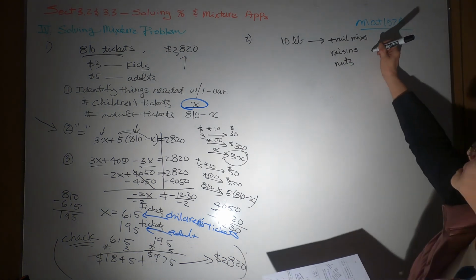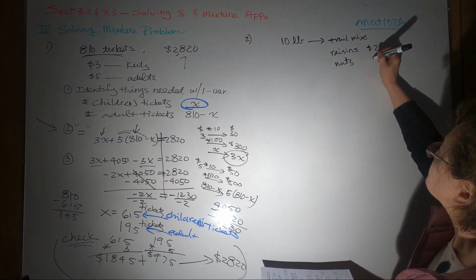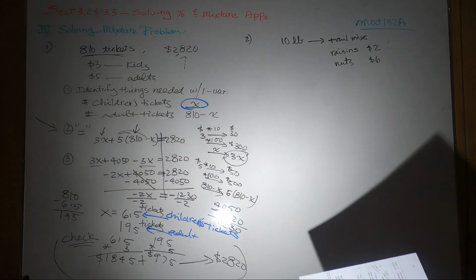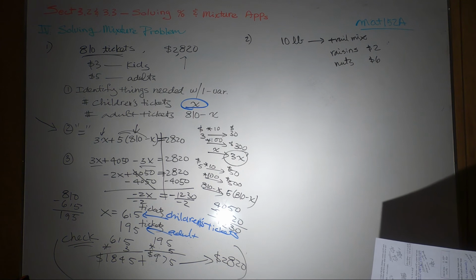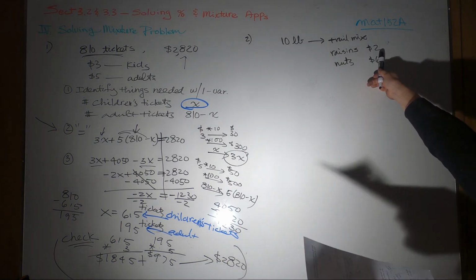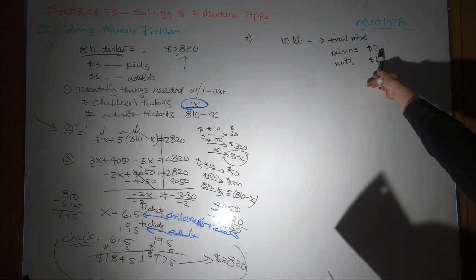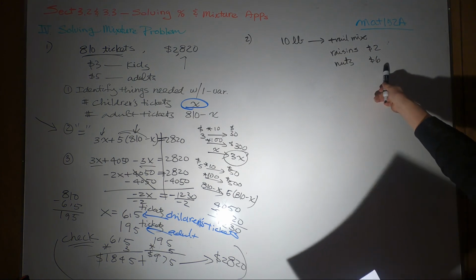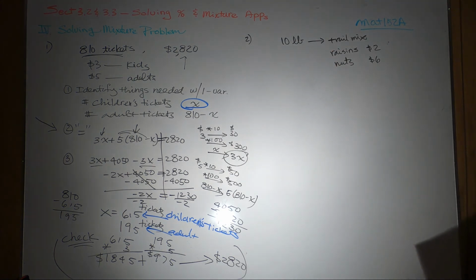Raisins are $2 per pound, nuts are $6 per pound. So if you want to sell 10 pounds of trail mix, you cannot just use raisins for $2, right? 10 pounds is only worth $20. Nuts at $6, it will be worth $60.